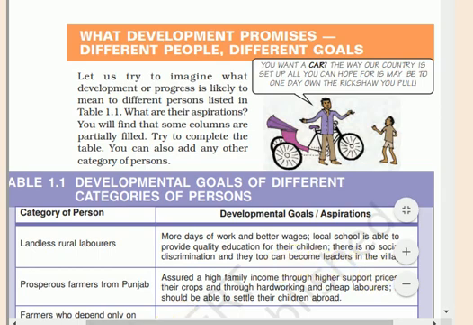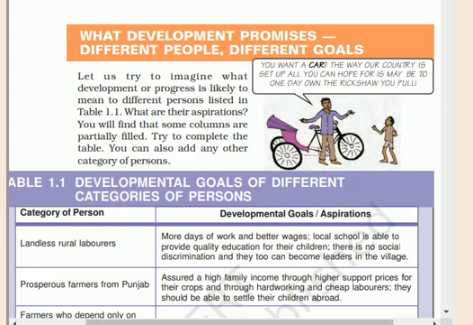So this is the development goal of a landless rural laborer. He needs more wages, more working days, good government schools, better quality of education, and political status. All these things he needs.